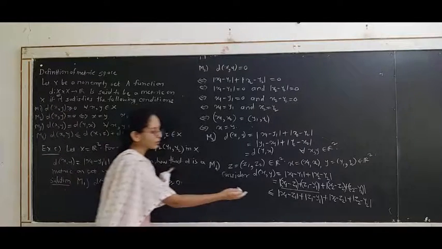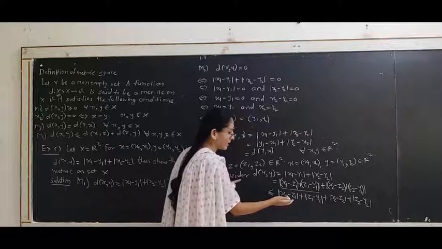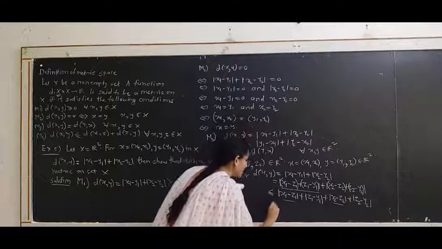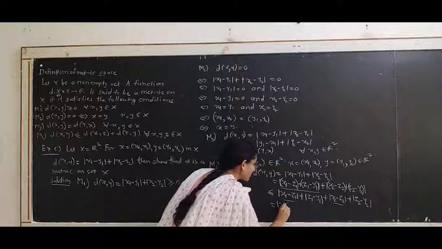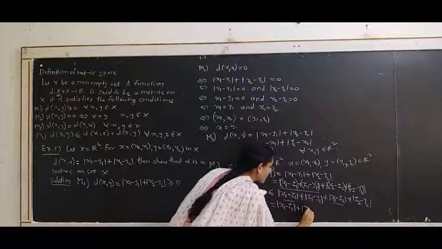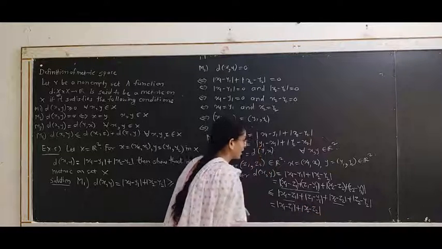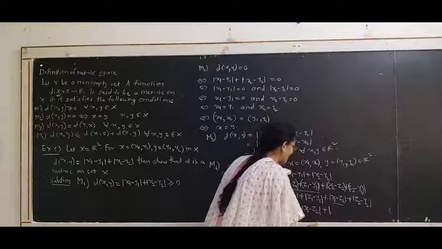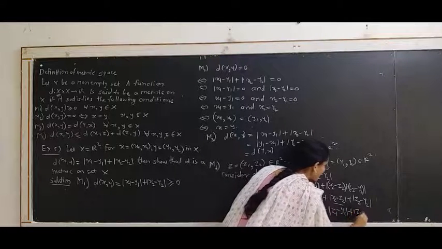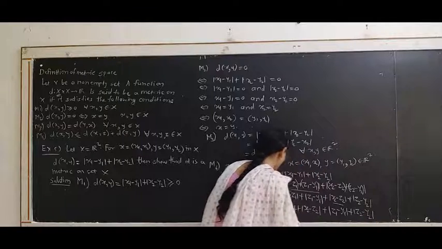We already have both the modulus in the last step, mod of x1 minus z1 and mod of x2 minus z2. This is equal to mod of x1 minus z1 plus mod of x2 minus z2 plus the remaining modulus, mod of z1 minus y1 plus mod of z2 minus y2.